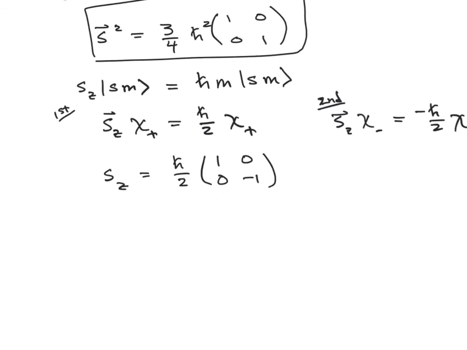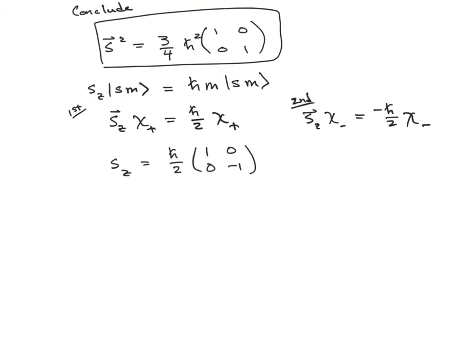But the next thing on our list was the ladder operators, right? So our ladder operators look like our up ladder acting on our spin down should return an H bar and our spin up.